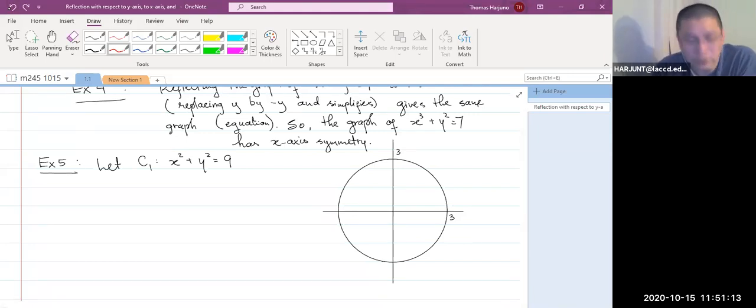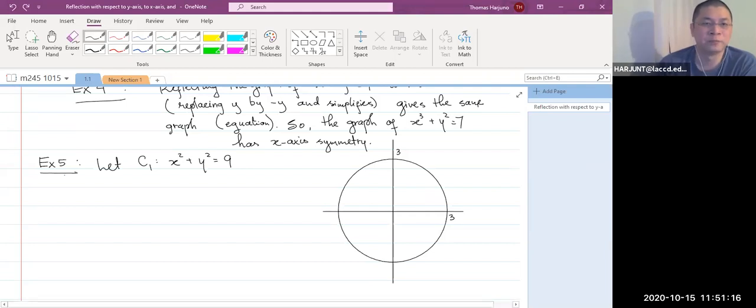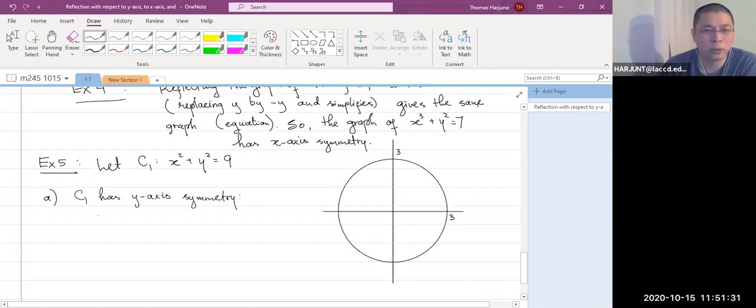Now, how do we show that algebraically? So C1 has y-axis symmetry. How? To have y-axis symmetry, you replace x by negative x and simplify. You get the same equation, which means the graph must be the same.